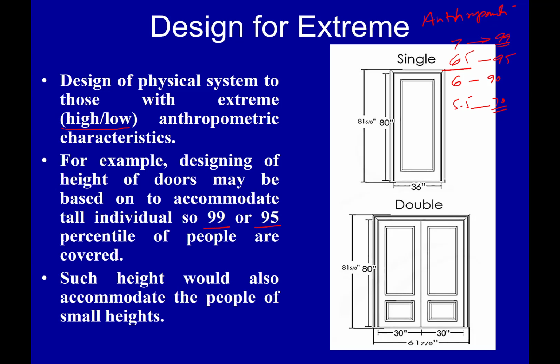Those having lesser dimensions will also be able to use this; such a height would also accommodate people with smaller height. In the case of doors, single or double have different dimensional features, but in the design for extremes it is more about the height.